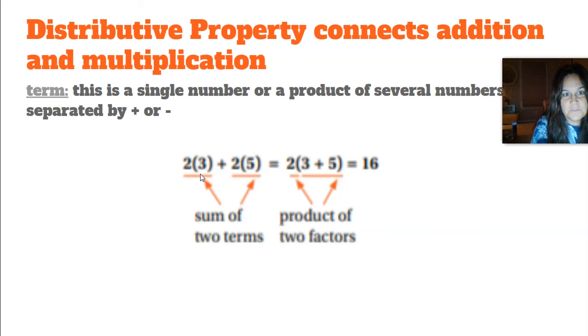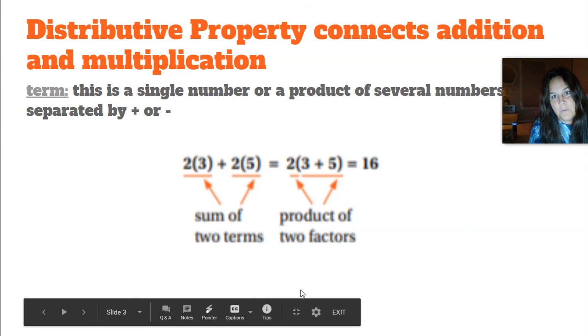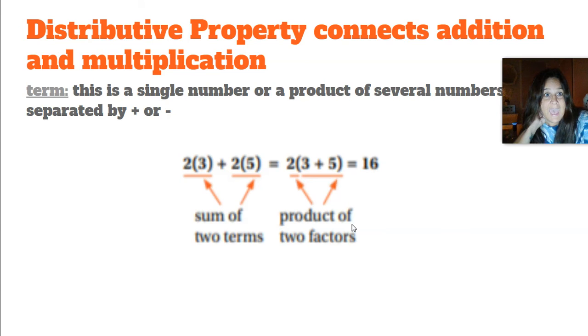So that's 2 times 3 plus 2 times 5. Now, when we come on over here, we can see how the distributive property tells us that we can also write this as 2 times (3 plus 5). So this is the product of two factors. One of the factors is 2, and the other factor, of course, is going to be 8.